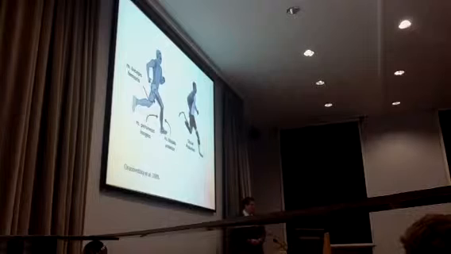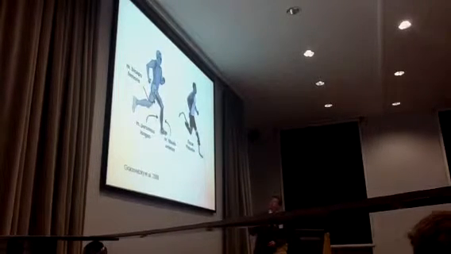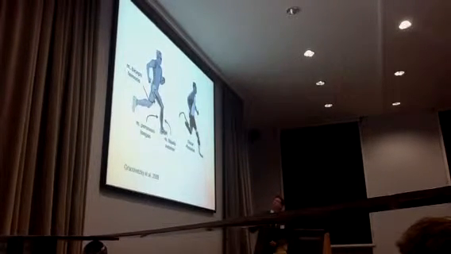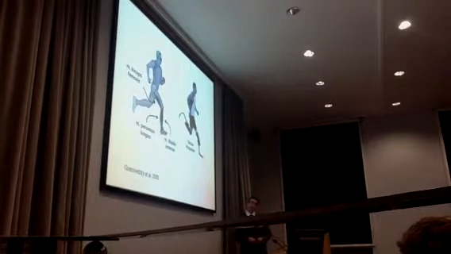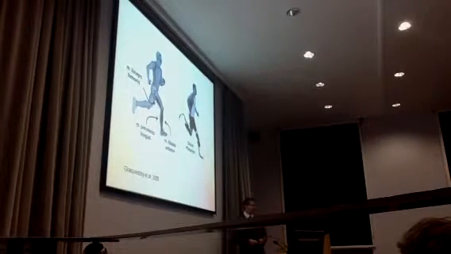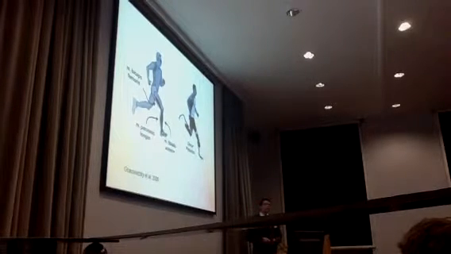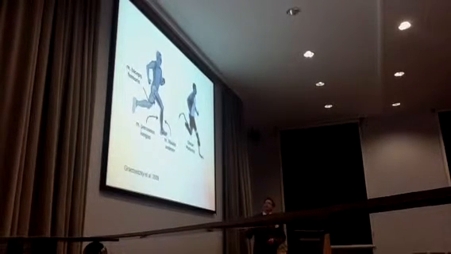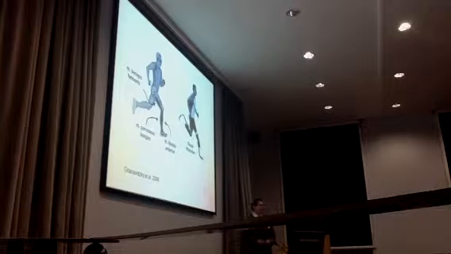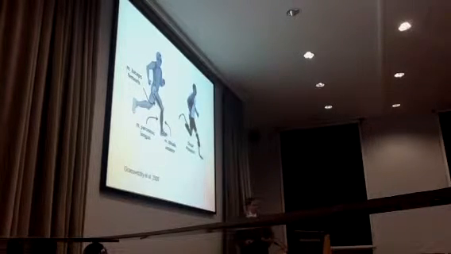So if you look at Oscar Pistorius, who wears resilient lower leg prosthesis, he actually qualified for the Olympic Games. So there is evidence that the elastic recoil is very important for our locomotion.